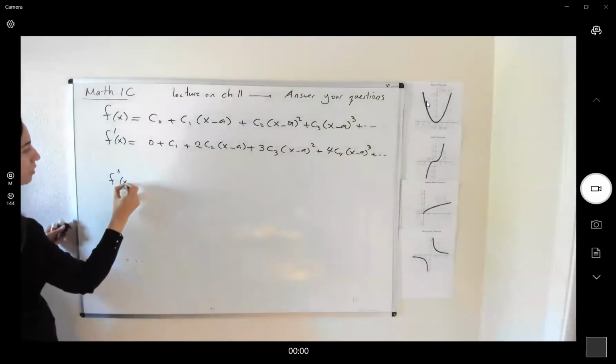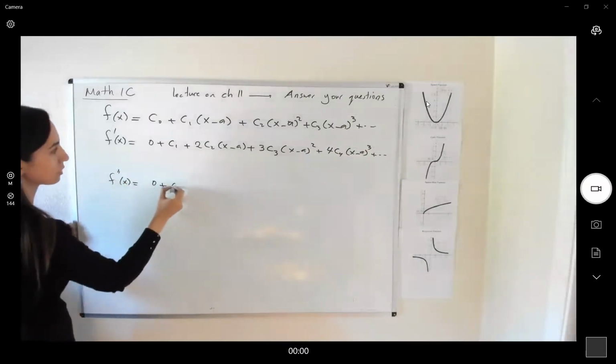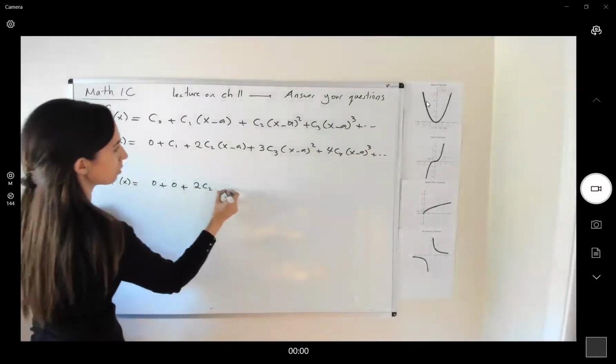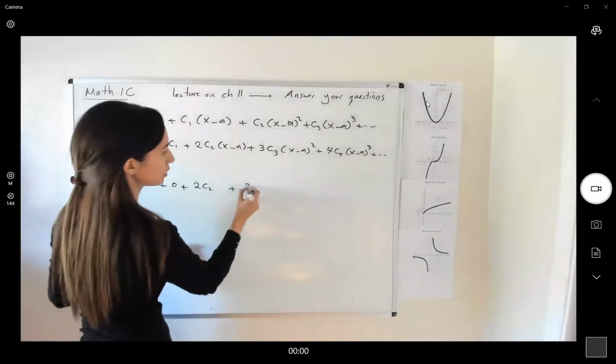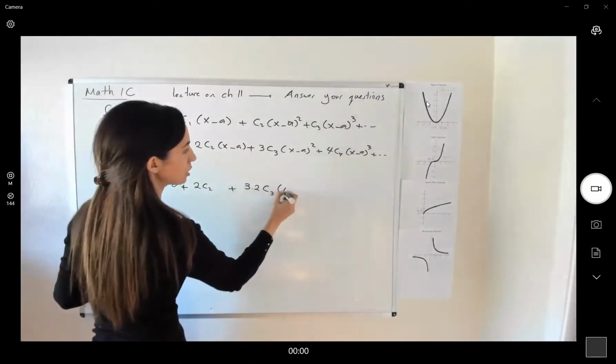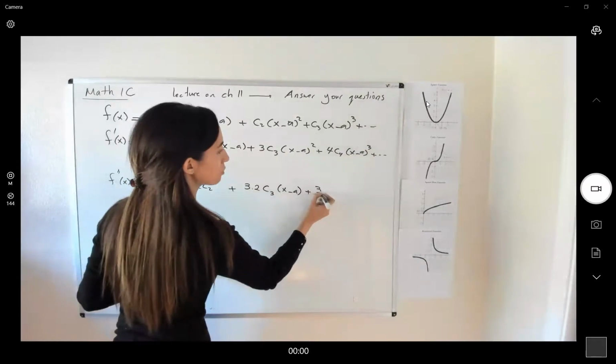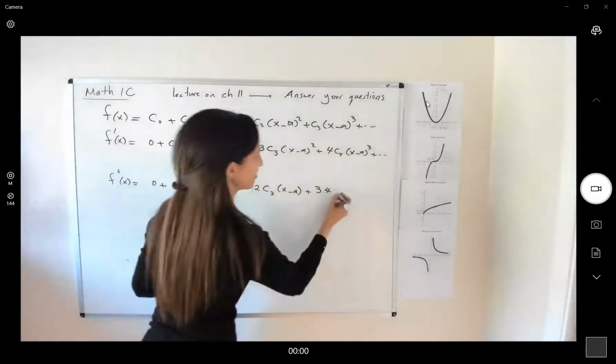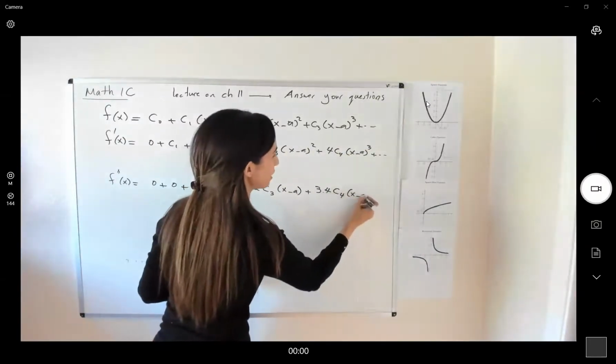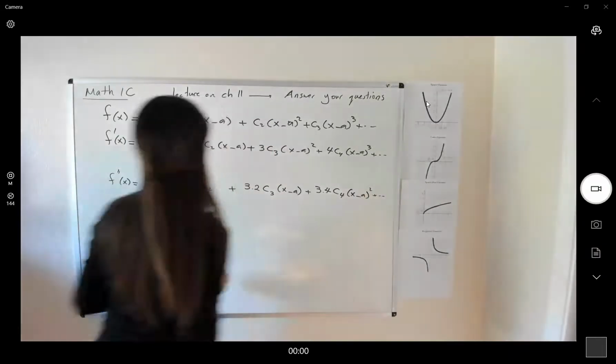The second derivative of the function is 0 plus 0 plus 2 c sub 2 plus 3 times 2 c sub 3 x minus a plus 3 times 4 c sub 4 x minus a squared plus the rest of the terms.